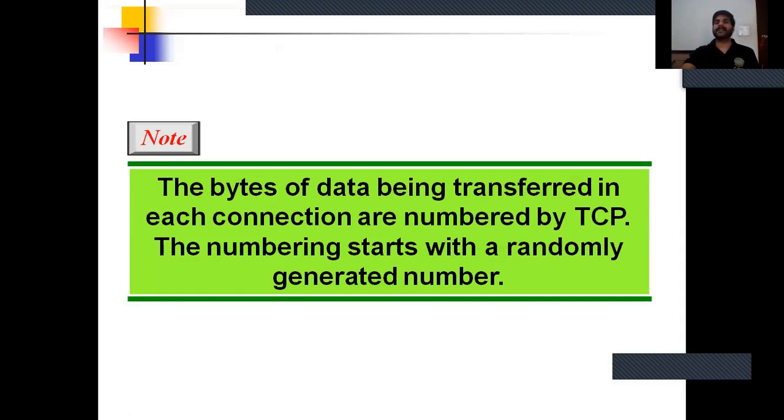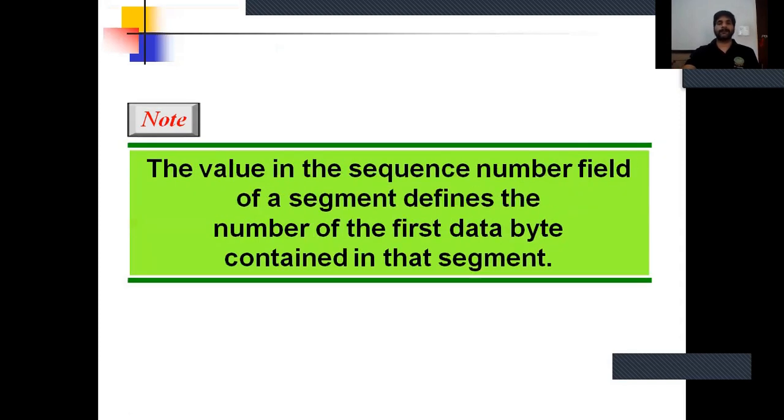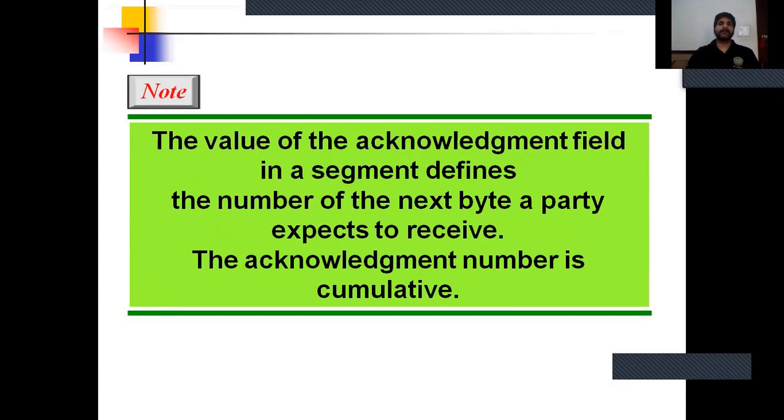The numbering starts with a randomly generated number. The value of the sequence number field of a segment defines the number of the first data byte contained in the segment. The value of the acknowledgement field in a segment defines the number of the next byte the party expects to receive. The acknowledgement number is computed accordingly.